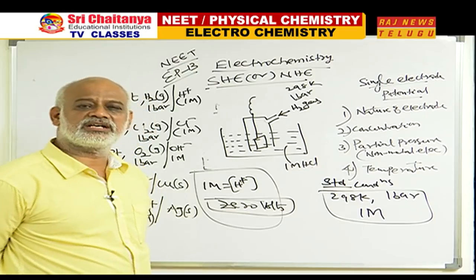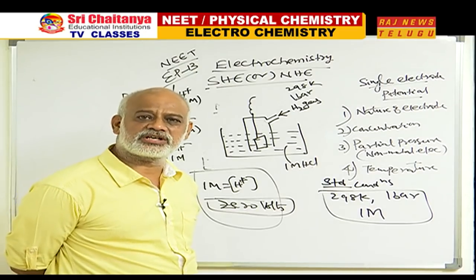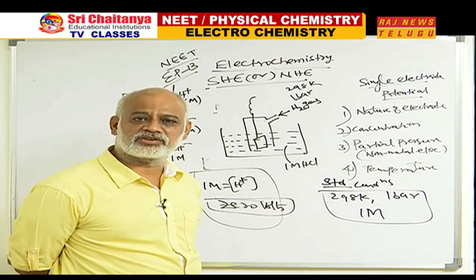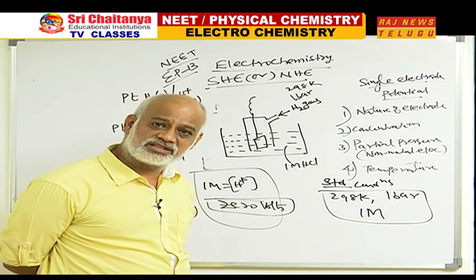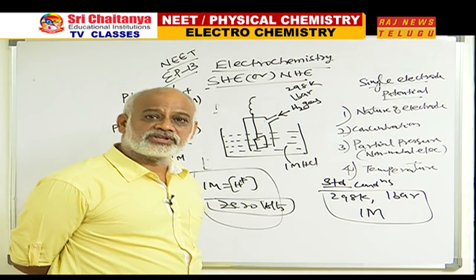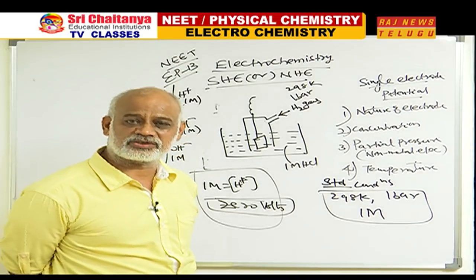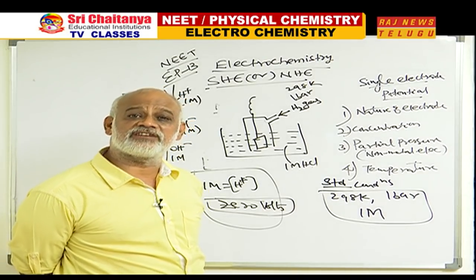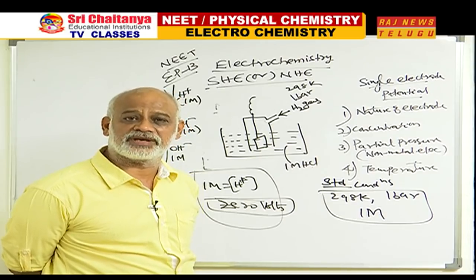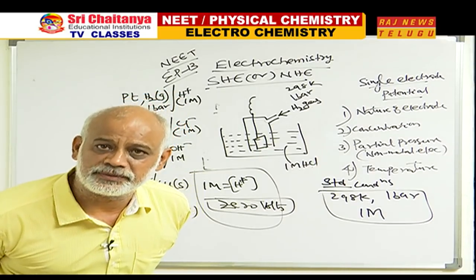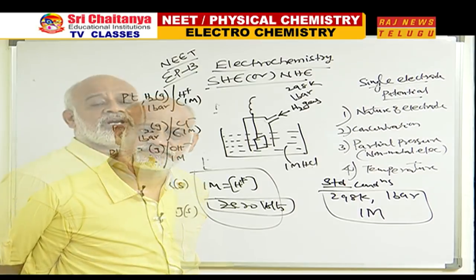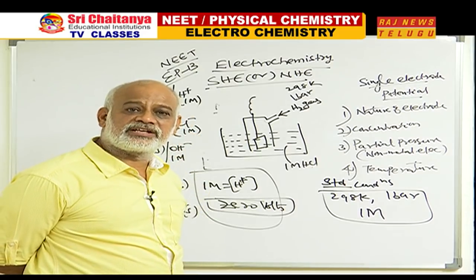So, what is the standard electrode potential of the hydrogen electrode, or the electrode potential of the standard hydrogen electrode or normal hydrogen electrode? We ourselves fixed it to be 0 volts. What will be the advantage of this?